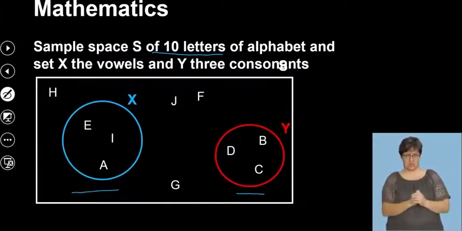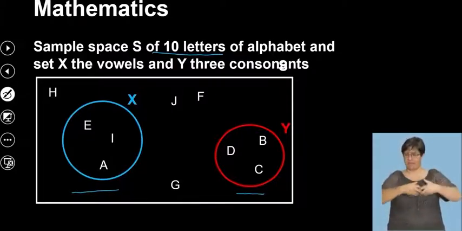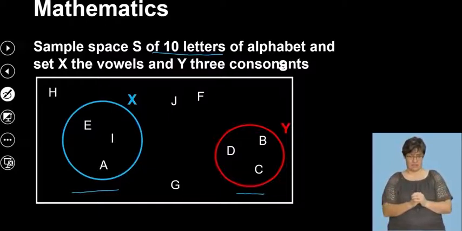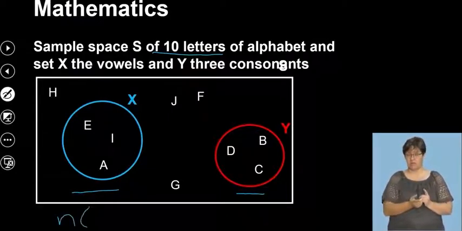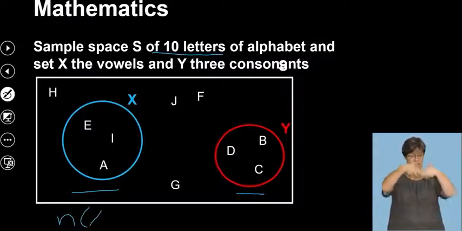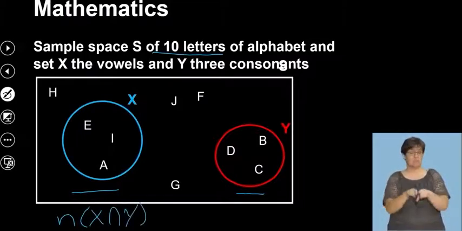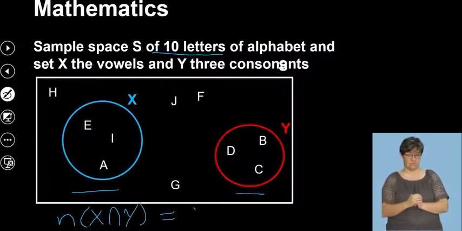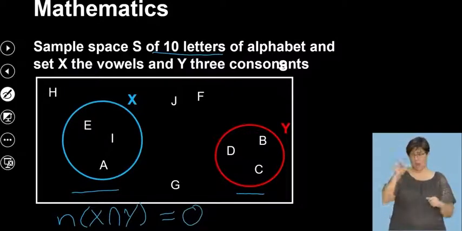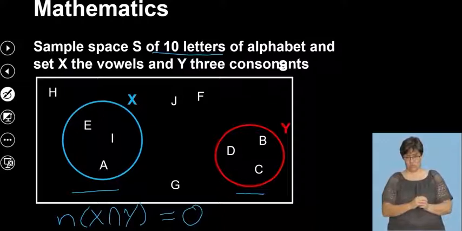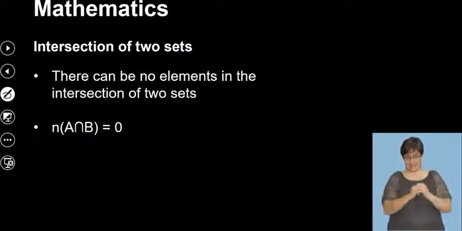There is no intersection between X and Y. We would have to say that the number of elements in the intersection of X and Y is going to be 0. The number of elements in the intersection is 0. There is no overlap in this space.